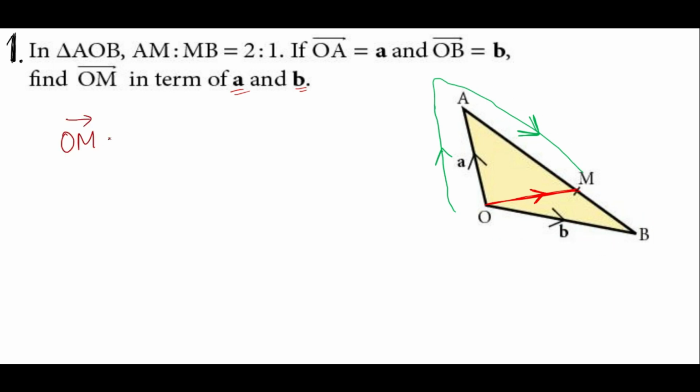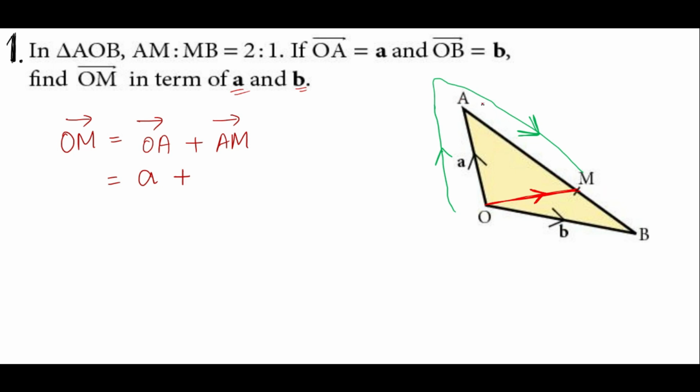Vector OM is equal to vector OA plus vector AM, which is equal to vector OA is a plus AM.